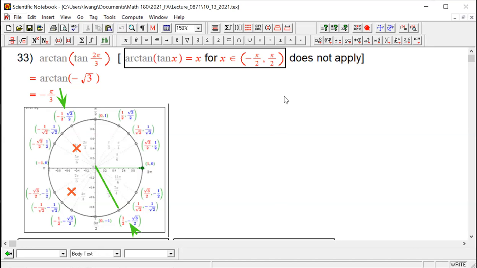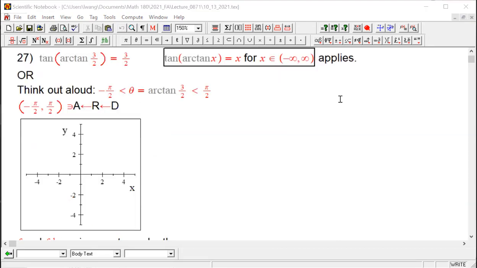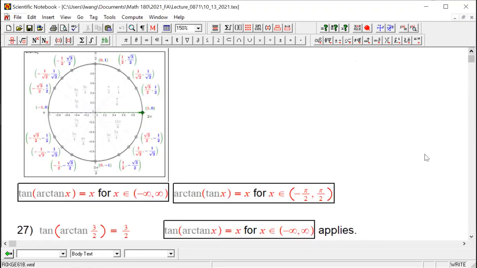These three pairs, okay? So to summarize, I do have something to summarize for you. For example, starting from this property, I wish to give you the interval, the inequality form of it, which is negative pi over 2 to pi over 2.